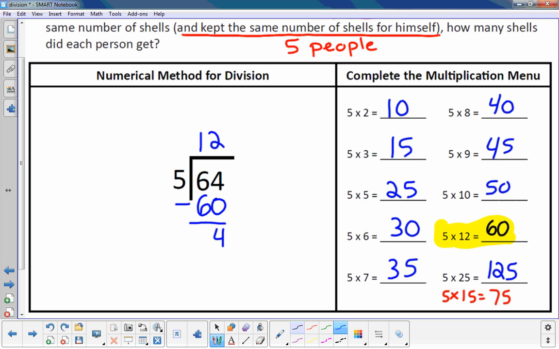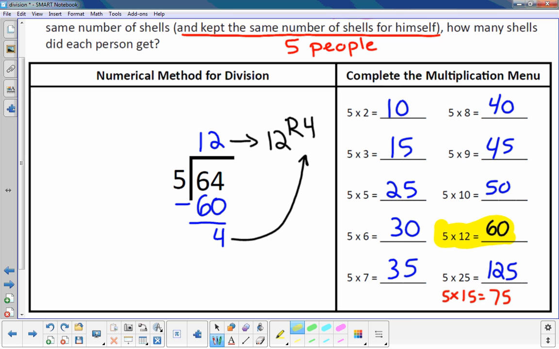I'm left with 4. 4 is less than 5. I already have my remainder. I'm done. How cool is that? So my answer is 12, remainder 4. Don't forget to put those remainders in the answer. So that's the answer to the division problem.